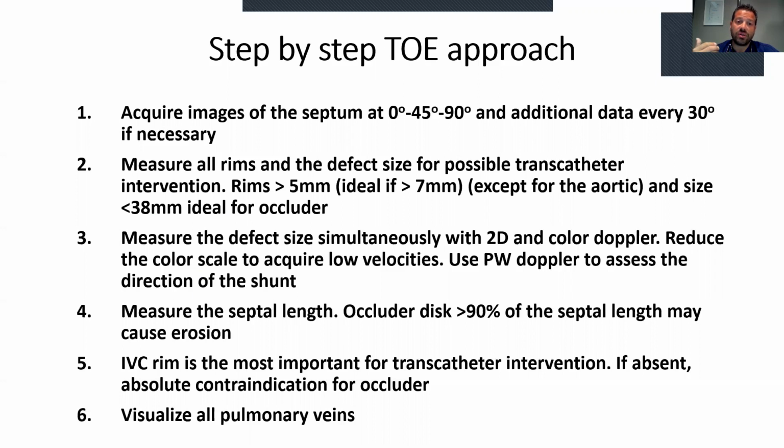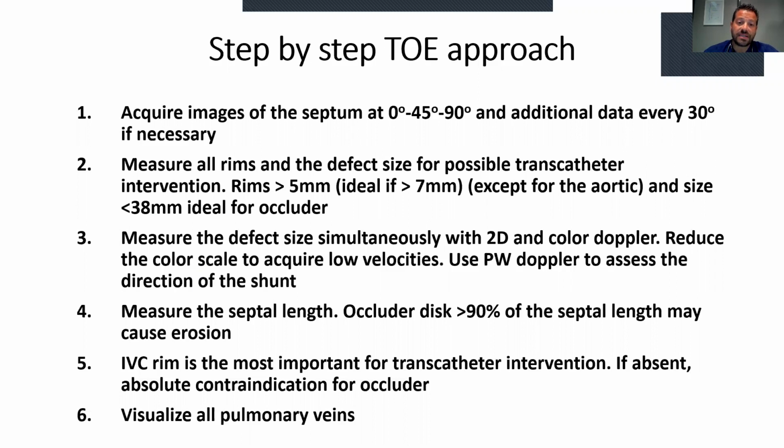We have to measure all the rims and the defect size for possible transcatheter intervention. The rims have to be more than 5 millimeters and ideally more than 7 millimeters, except for the aortic. And the size should be ideally below 38 millimeters in order to find an occluder that will be enough to close the defect and not be embolized.